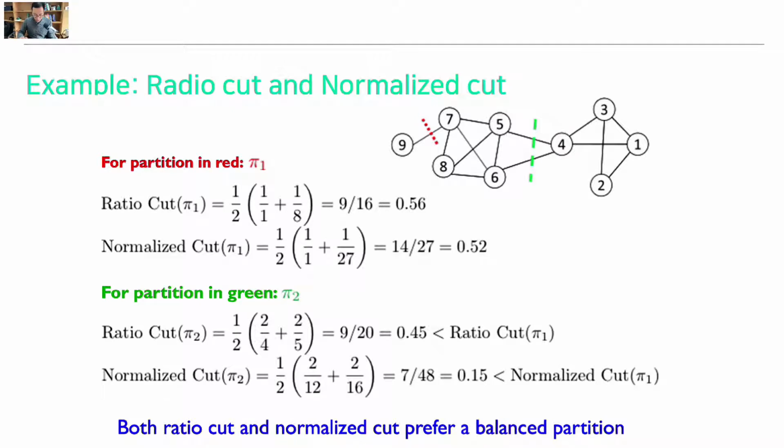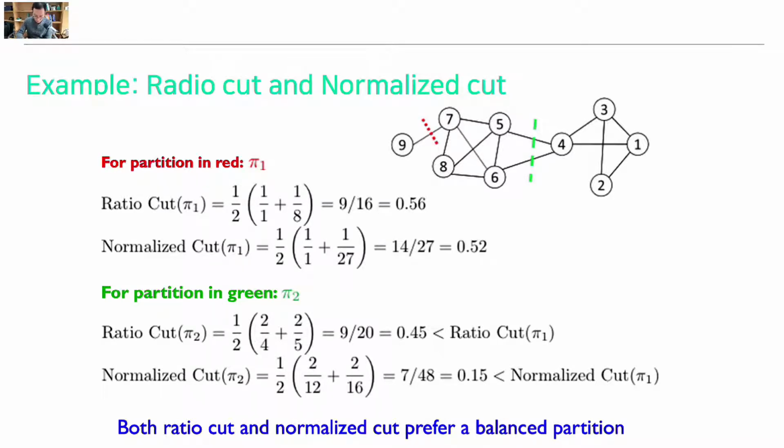We see there are actually better criteria, and obviously the graph cut is not good. So you may compare the ratio cut and normalized cut and their properties.